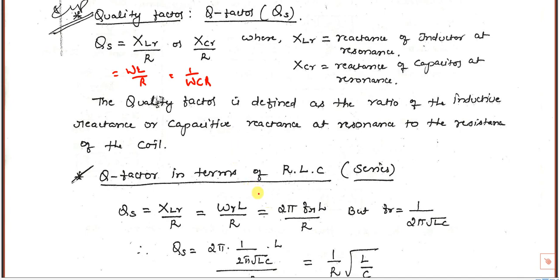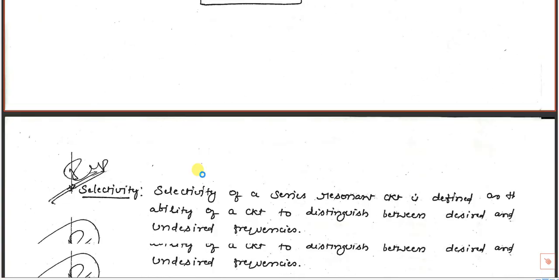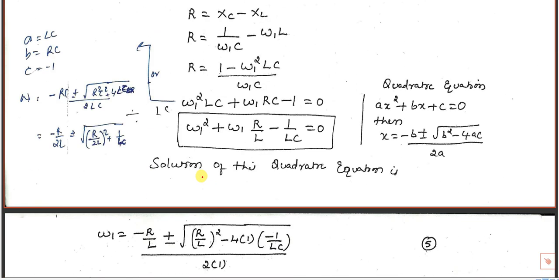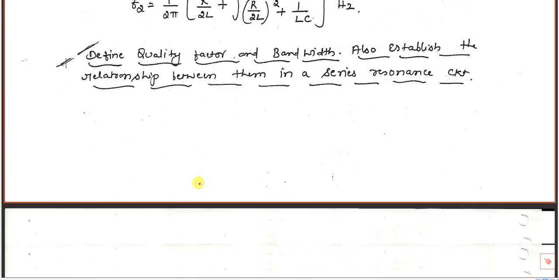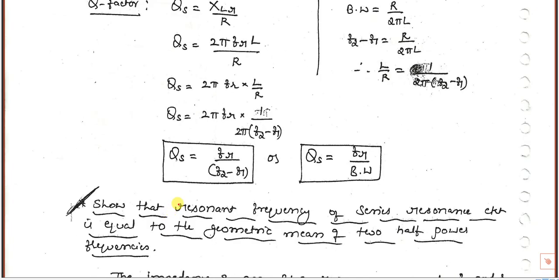Or you can also have another definition for Q. You can also express quality factor as the ratio of resonance frequency divided by bandwidth. Resonance frequency by bandwidth.